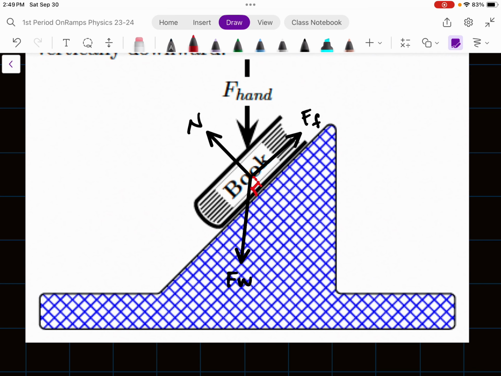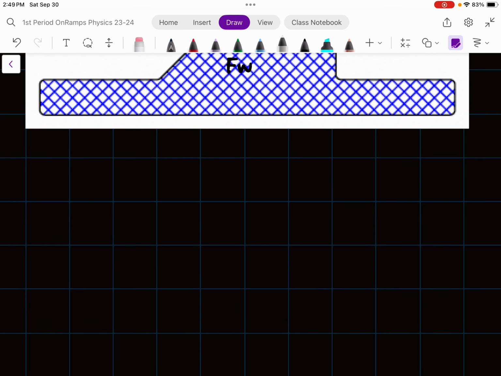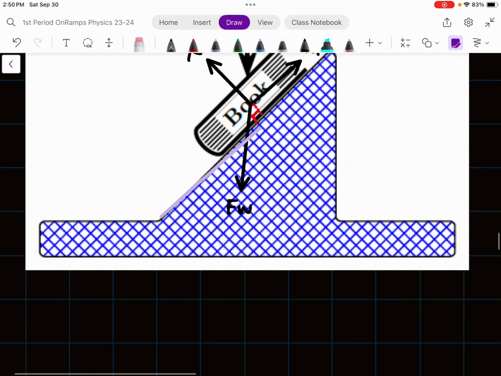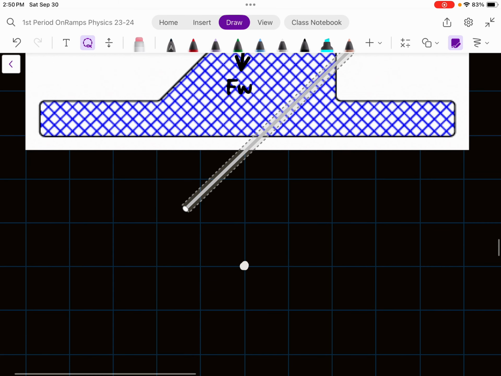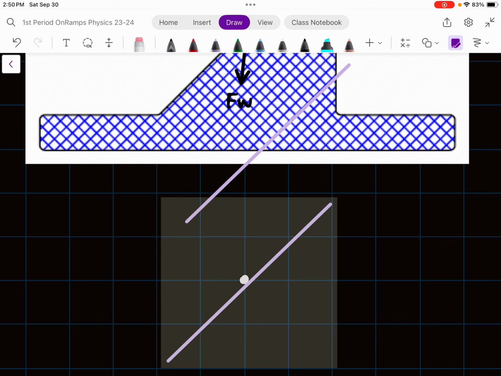There you go. So now how do we draw the free body diagram? Well, as we said, we draw the center of mass. We'll draw an incline to have the reference. Okay? I'm just going to copy the incline to have the reference, and then I'll erase it.